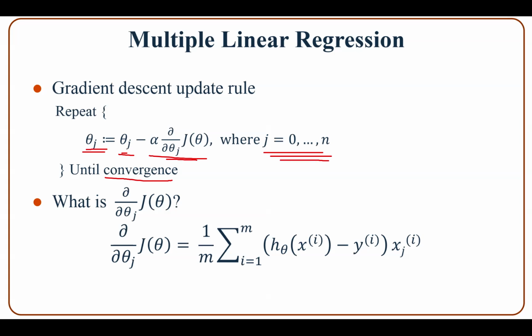What is the partial derivative of the cost function with respect to theta j? So basically taking the partial derivative of the cost function, you get this.